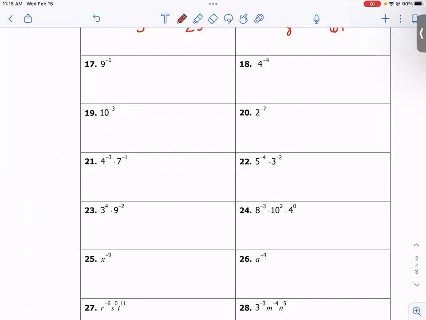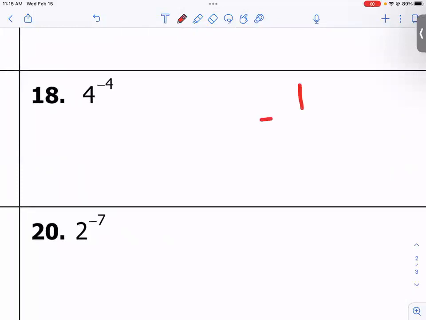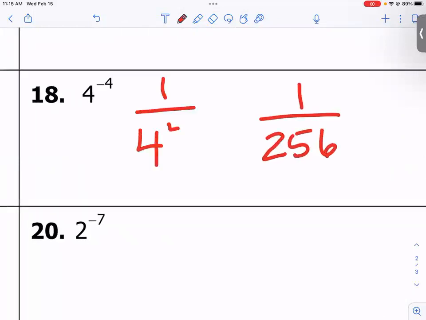Okay, Trent, what is number 17 the same as? 9. Jada, what's number 18 the same as? Okay, 1 over 256. So Jada rewrote 1 over 4 to the 4th. And 4 to the 4th, she figured out was 256.